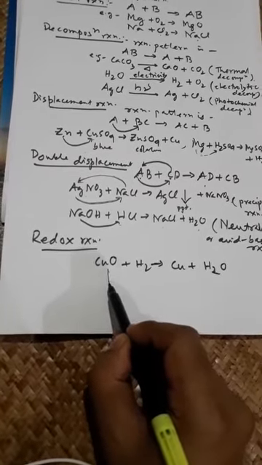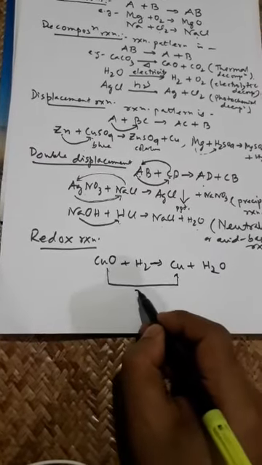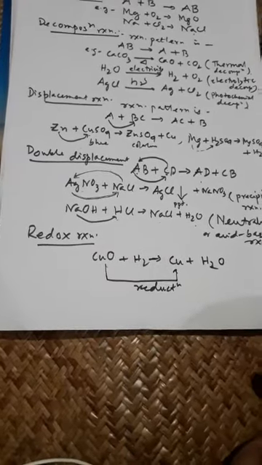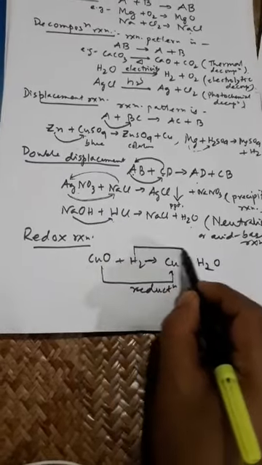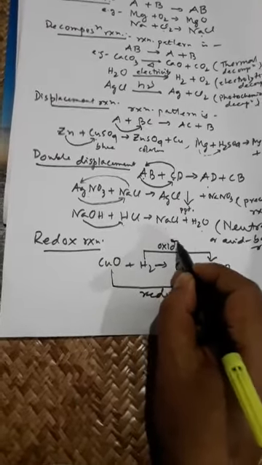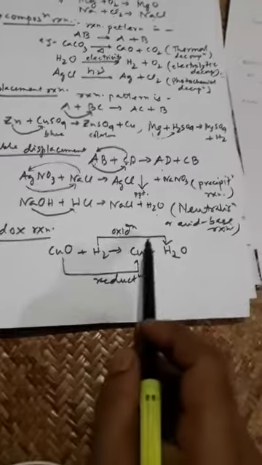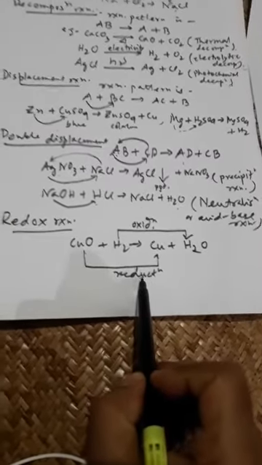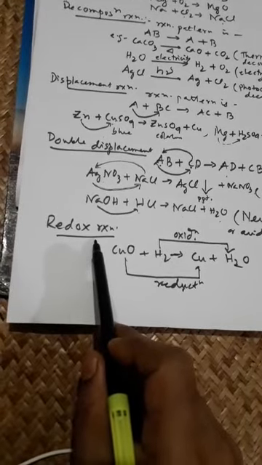Here cupric oxide is reduced to copper and hydrogen is oxidized to water. You can see here both oxidation and reduction take place. So it is known as redox reaction.